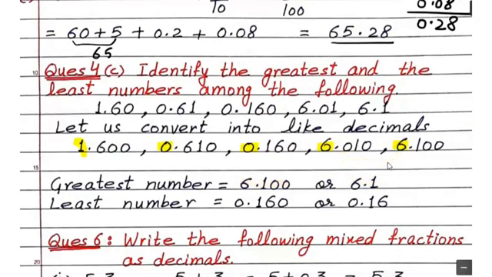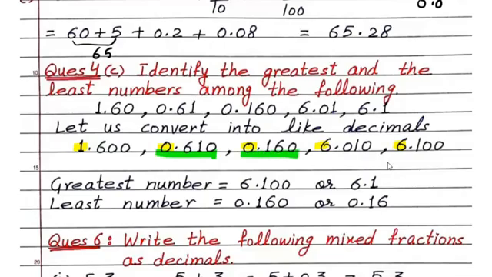Now children, let us discuss the smallest, or you can say the least number. In that case, again, we will see the integral parts. The smallest integral is which one? Yes, it is 0.610 and 0.160.